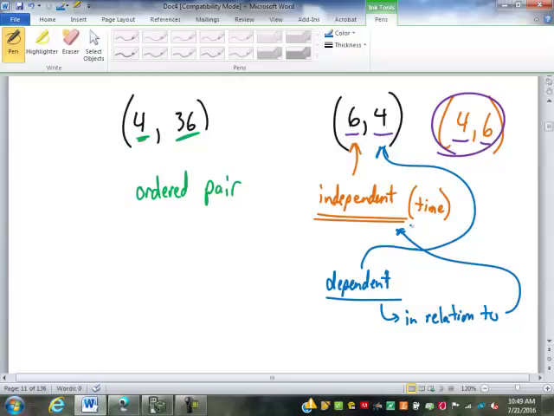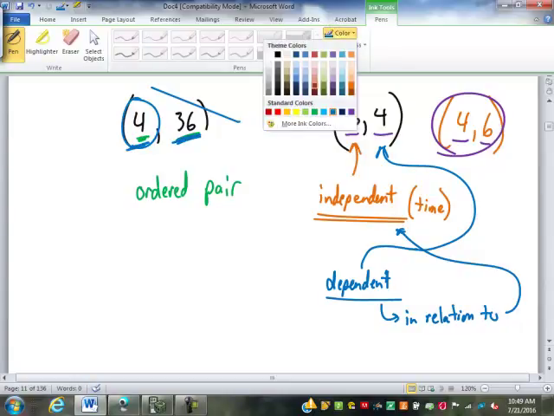The number of years you've been there just changes with time. It changes on its own. The amount of personal time you get changes depending on that first number, how many years you've been there. Or over here, the number of hours you work, your supervisor or whoever schedules you can change the number of hours you're going to work. It doesn't have to, nothing's going to affect that. But once the hours are set, the amount you get paid depends on those hours. So it's a dependent variable.